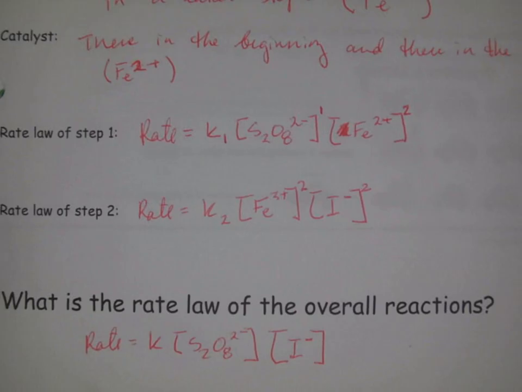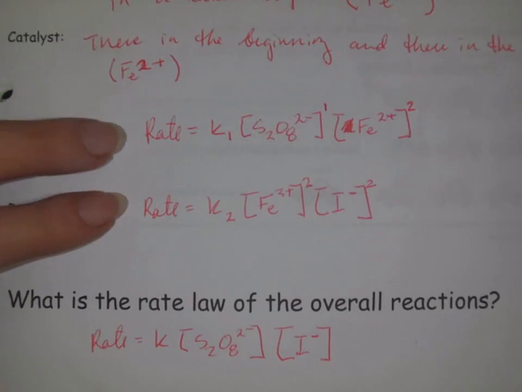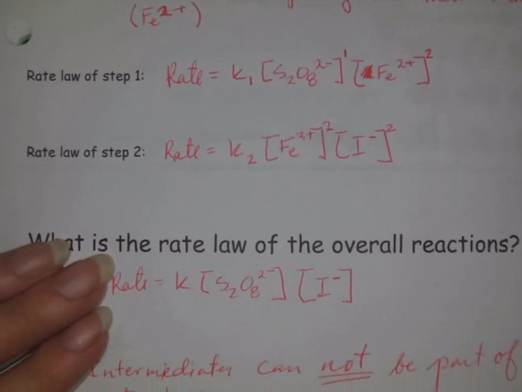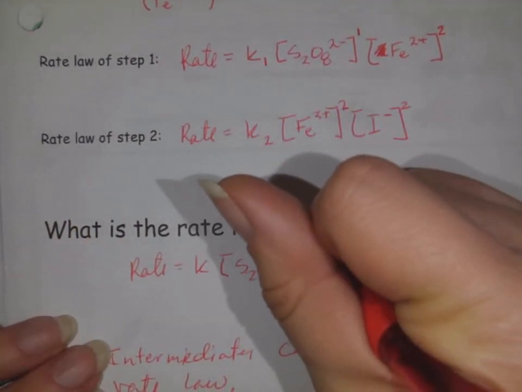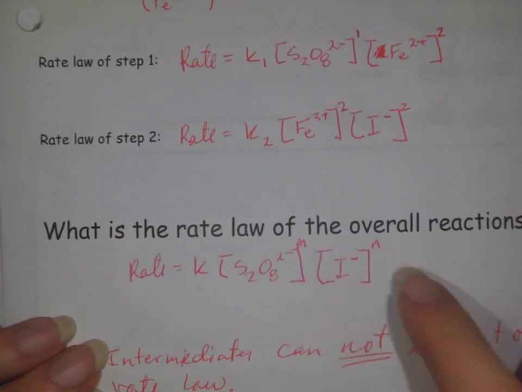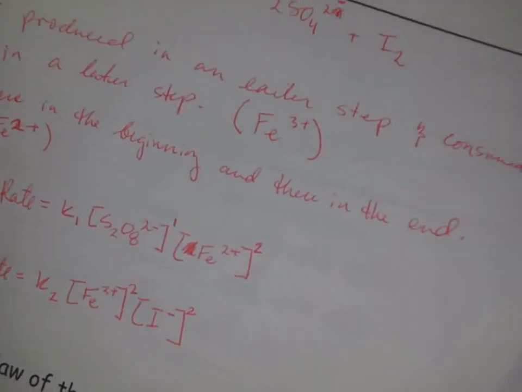Now, how do we go about taking the rate laws of the individual steps and figuring out what the rate law is of the overall reaction? Because remember, we don't know what this is. It's M and N. We don't know what they are raised to. And so it's really cool. You don't need to turn the page. Let me just show you something.